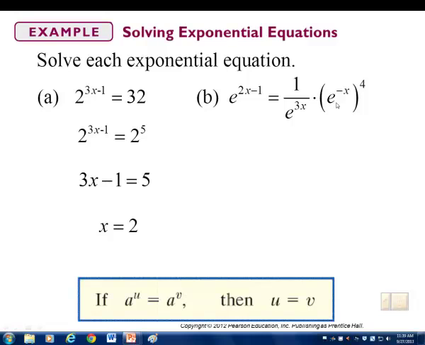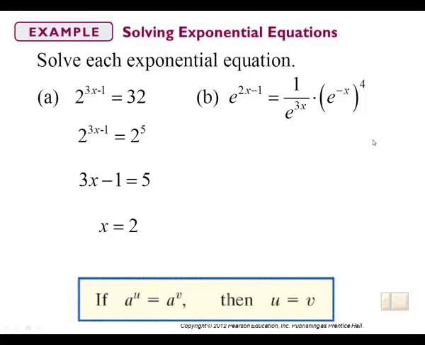Okay, here we have, now this one presents a different problem because, first we take these two exponents and we can multiply. So we can say this is e to the negative 4x. Alright, and so what we can do at this point is we can say, since this is e to the negative 4x and this is e to the 3x, we can subtract the exponents.